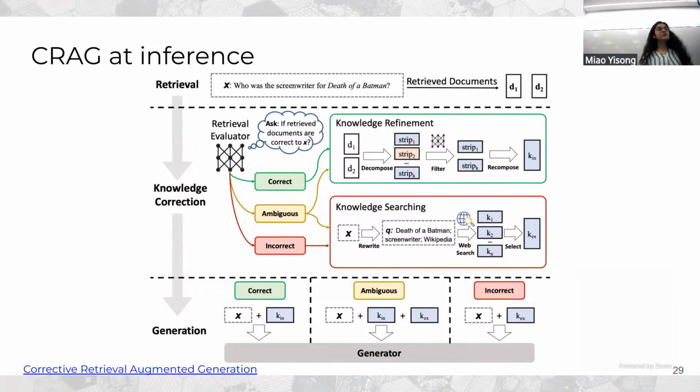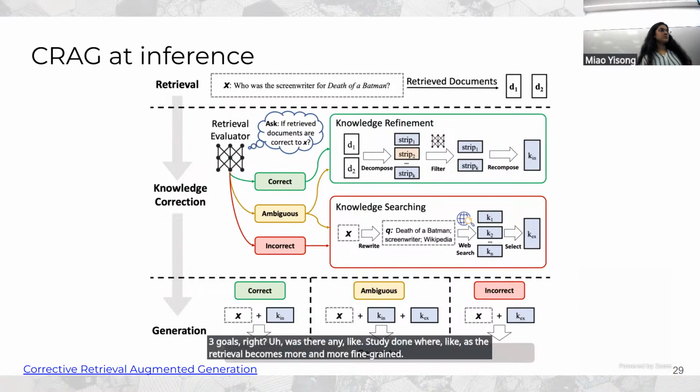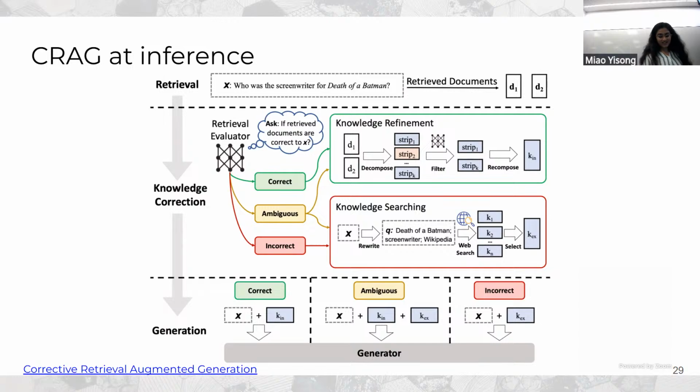Other questions? I have a question. You know the part that you spoke about, the fine-grained or coarse-grained retrieval? Was there any study done on how, as the retrieval becomes more and more fine-grained, the performance changes in terms of correct answers? That depends on the task you're performing, right?